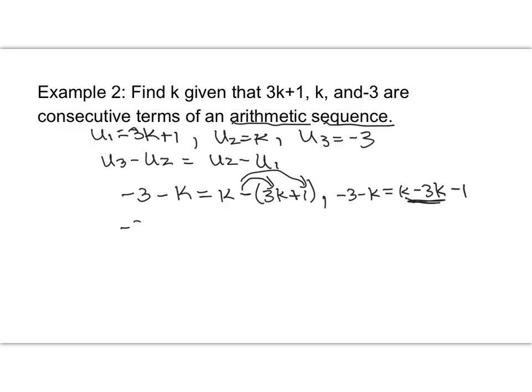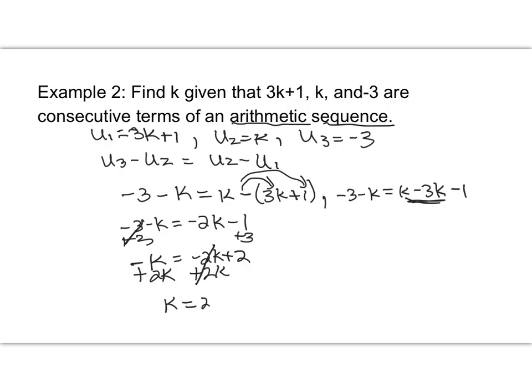And I get negative 3 minus K equals negative 2K minus 1. I'm going to add 3 to both sides, and then I'm going to add 2K to both sides. And I end up with K equals 2. So K is equal to 2.